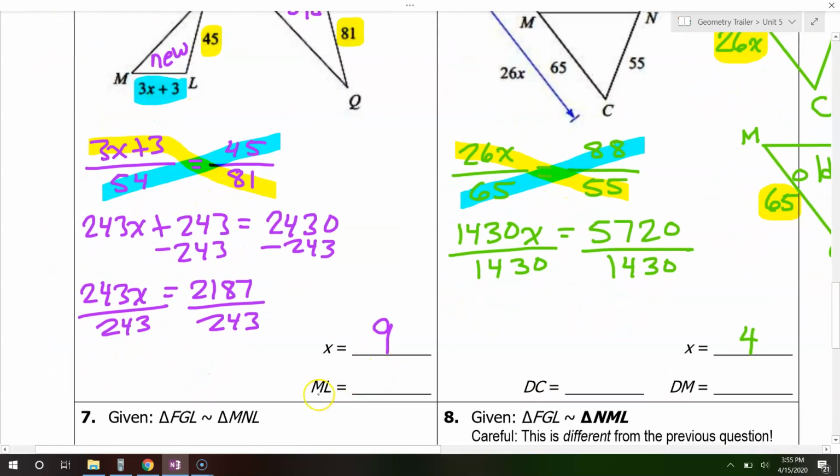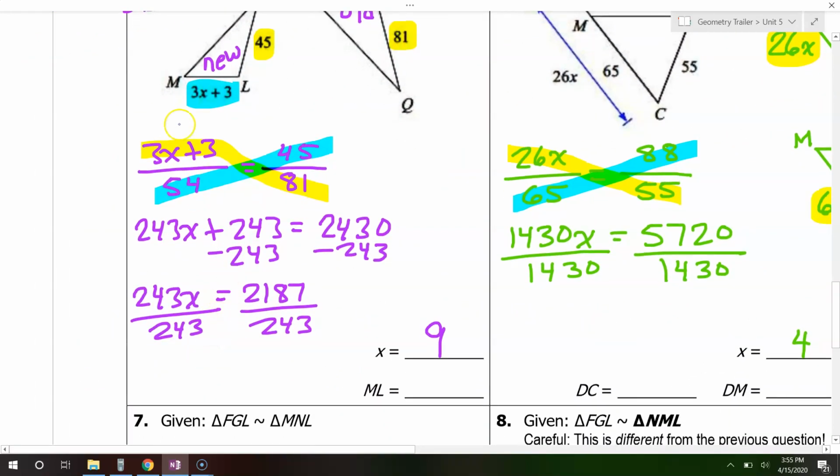So we found X, but we're supposed to find ML right now. Well, ML is this expression right here. It's 3x plus 3. So that's going to be 3 times 9 plus 3. All right, well, 3 times 9 is 27, and 27 plus 3 is 30.